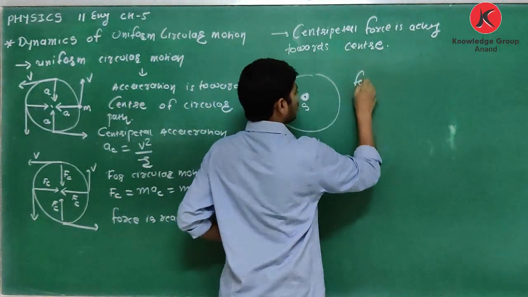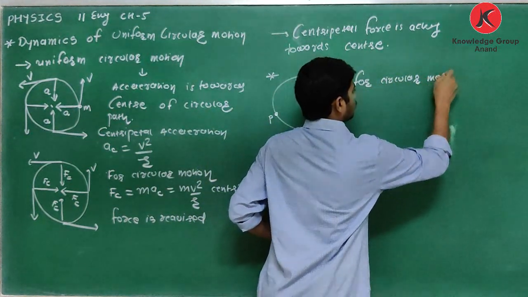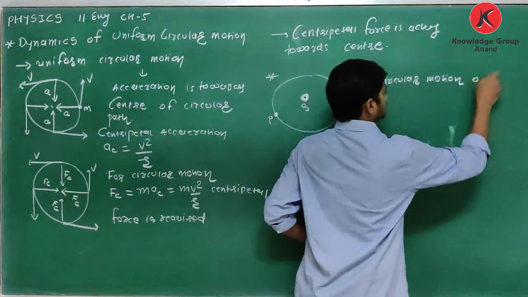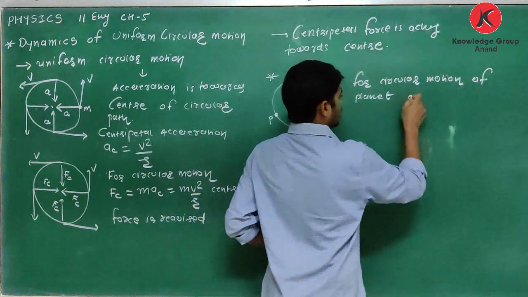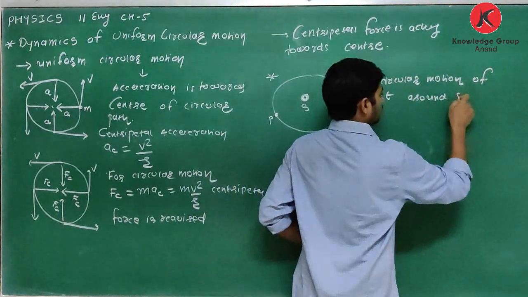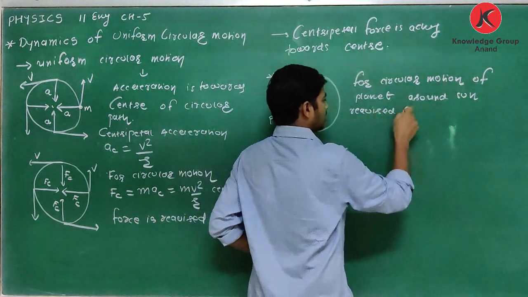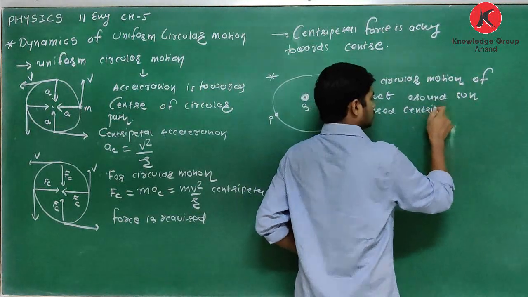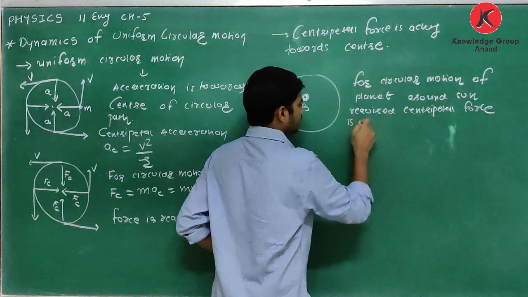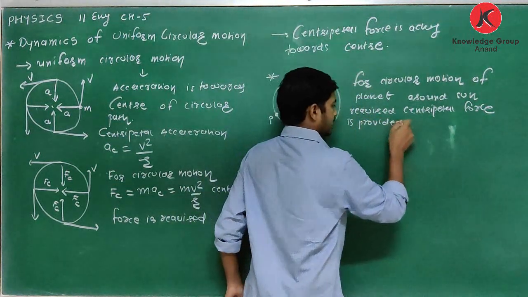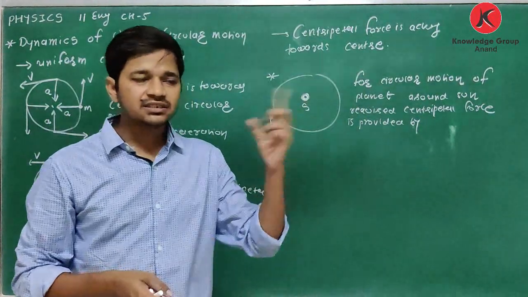So for circular motion of a planet around the sun, the required centripetal force is provided by, which force is acting between planet and sun, which governs their motion?